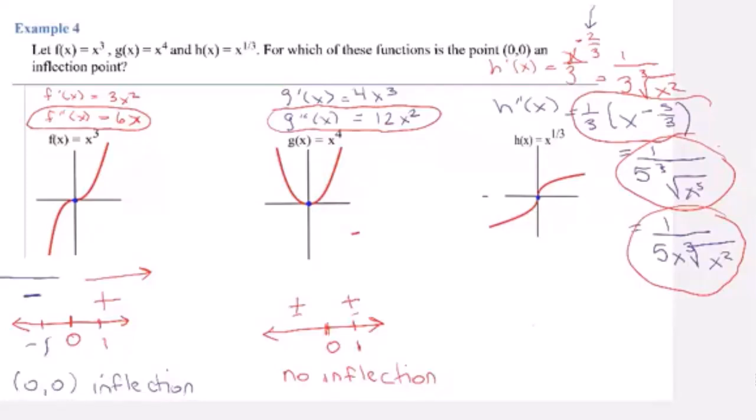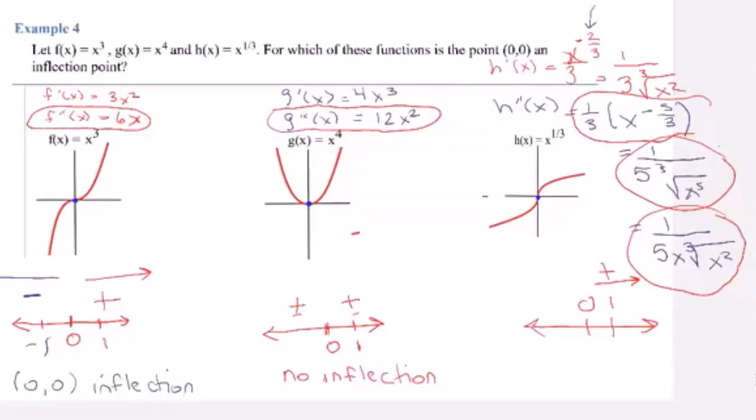So let's look at our number line. When x equals 1, well, my second derivative is what I'm graphing right now. So I have a positive for x here, and everything's positive. So I can say when x is greater than 0, I have a positive.